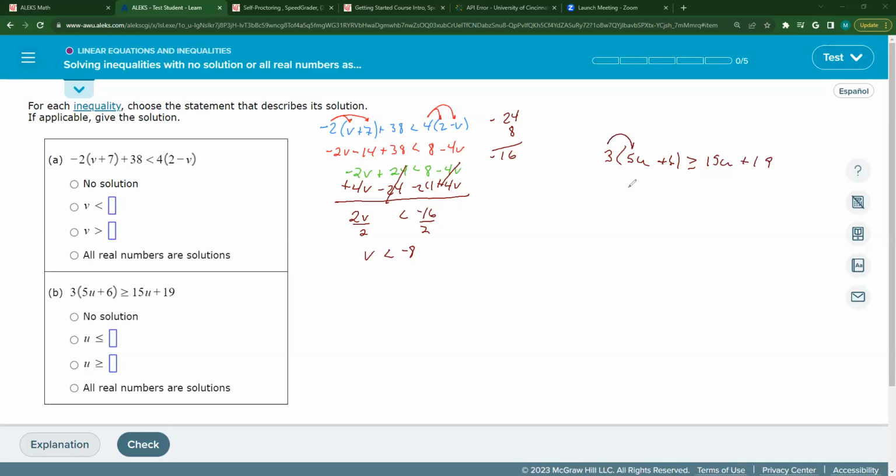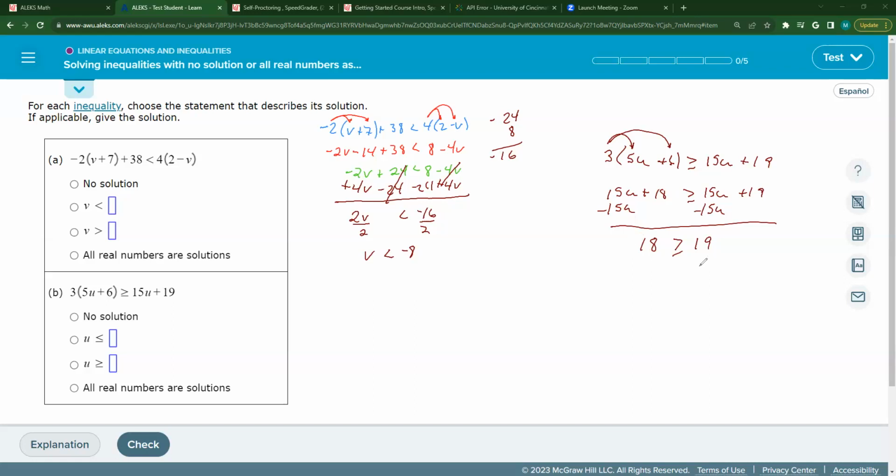I distribute, and I have 15u plus 18 is greater than or equal to 15u plus 19. Get the u's together, so I'm going to subtract 15u. And I have 18 is greater than or equal to 19.